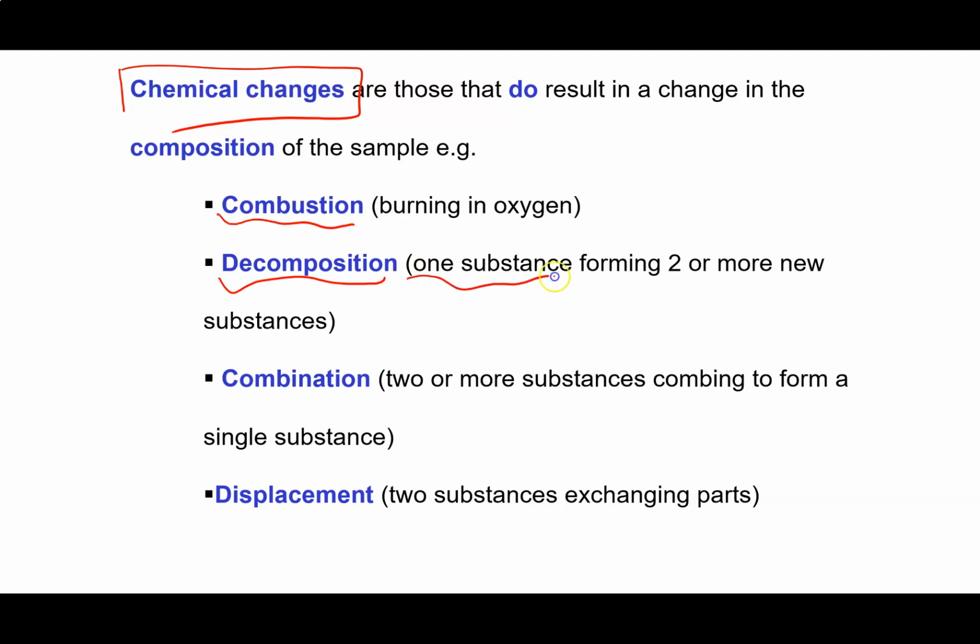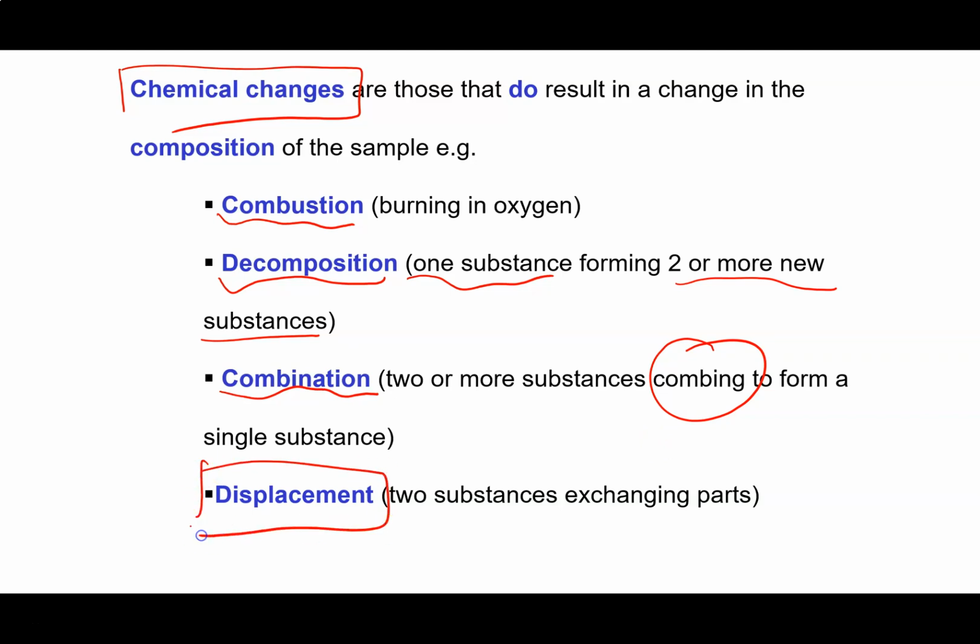So we have one substance that falls apart and forms two or more new substances. Another example of a chemical change would be combination, where multiple substances combine to form a single substance. Or we can have what we call displacement, where multiple substances come together and they swap some parts.